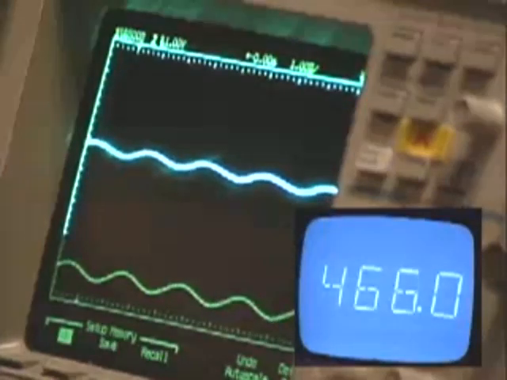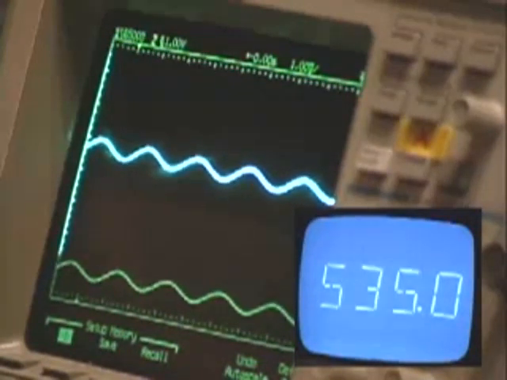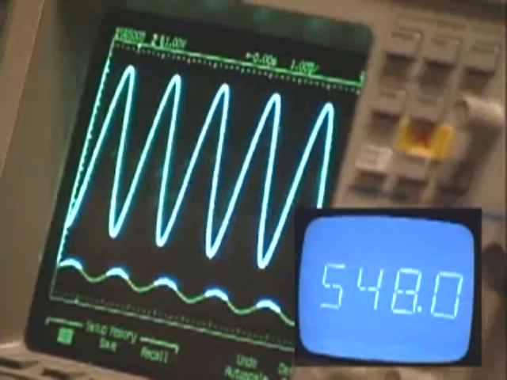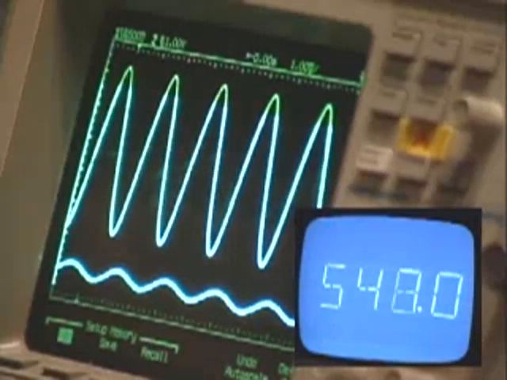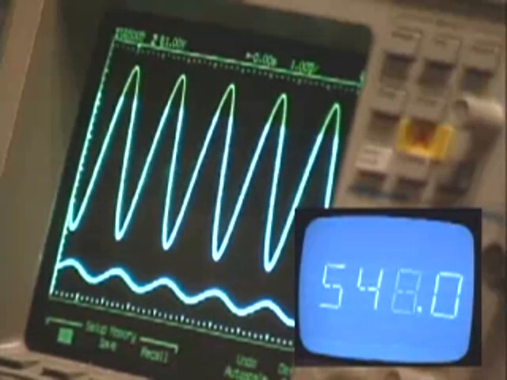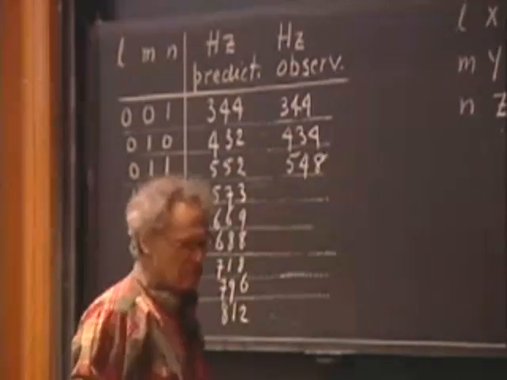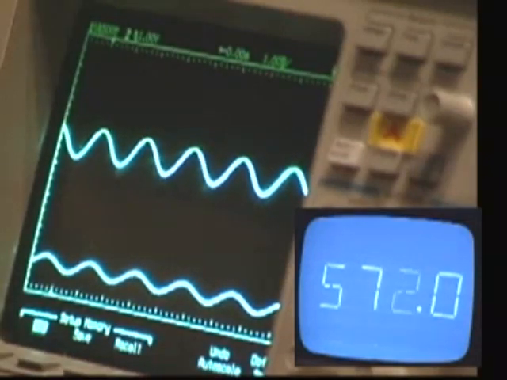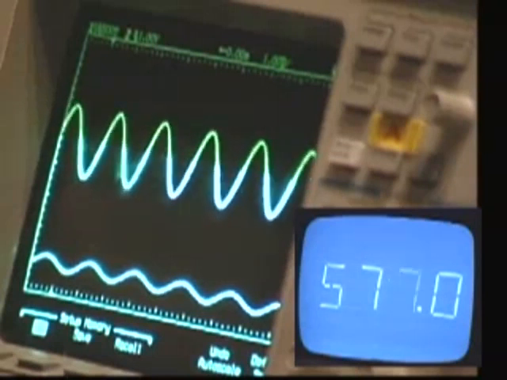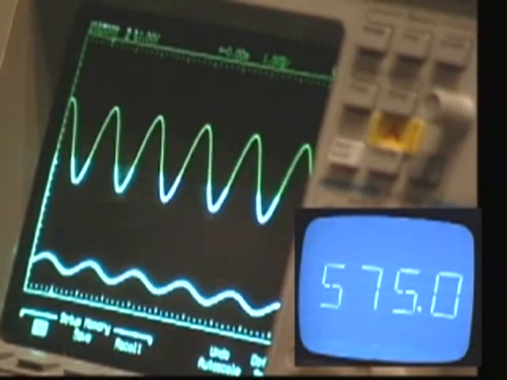The next one, we have 552. 548. Less than 1% off. The next one. 575.